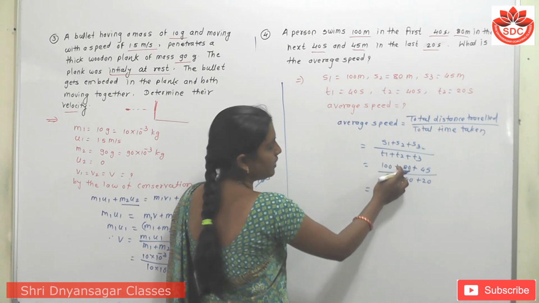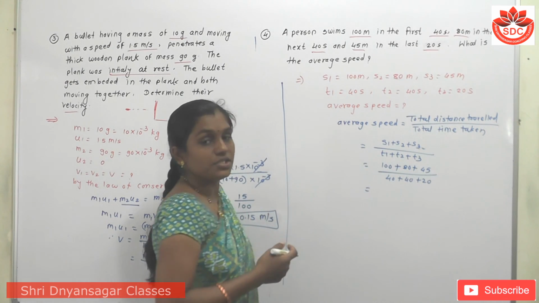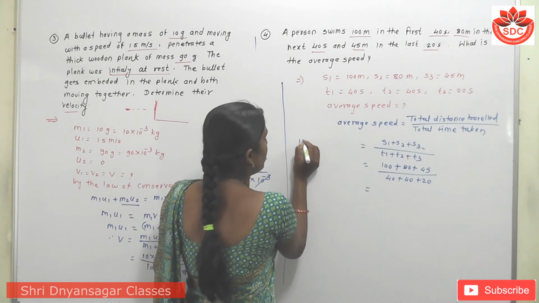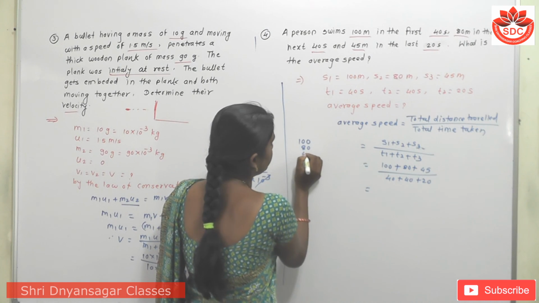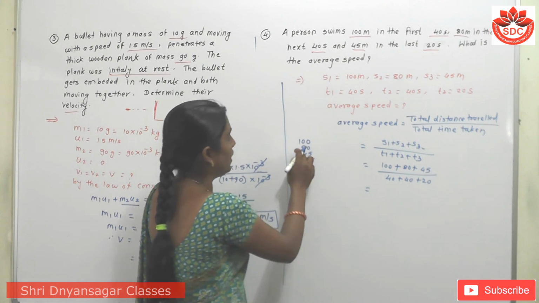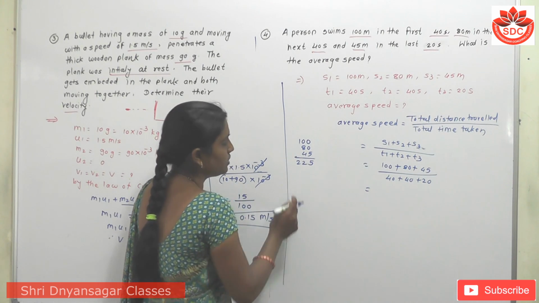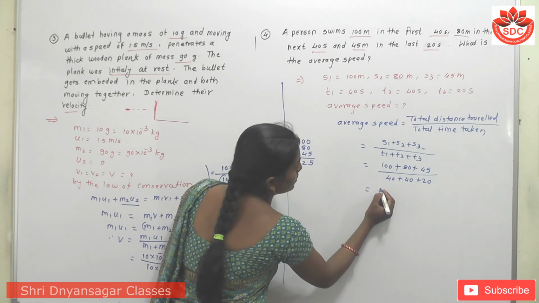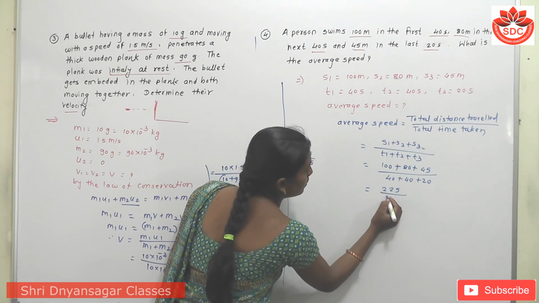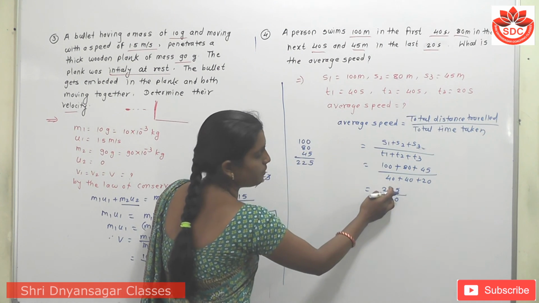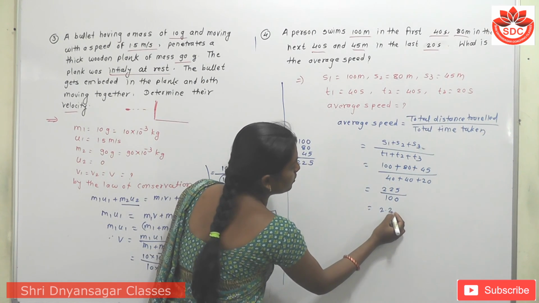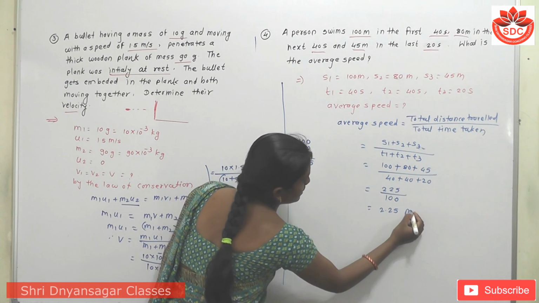The denominator is 100, and the numerator is 100 plus 80 plus 45. We have to add it: 5, 8 plus 4 is 12, carry 1, so it is 2. So it is 225. So 225 upon 100, so the decimal point shifts by 2. So we get 2.25 meters per second.